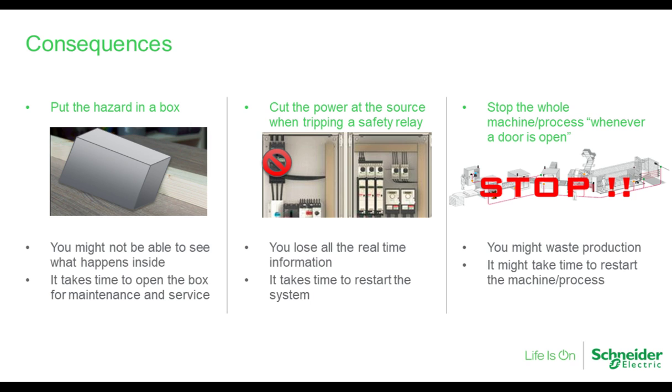So first of all, if we talk about putting the hazard in a box or totally blocking somebody from coming into contact with it, there are some downsides to that methodology that affect our performance. So one of the things that's pretty easy from this picture is that sometimes you cannot see what's going on.